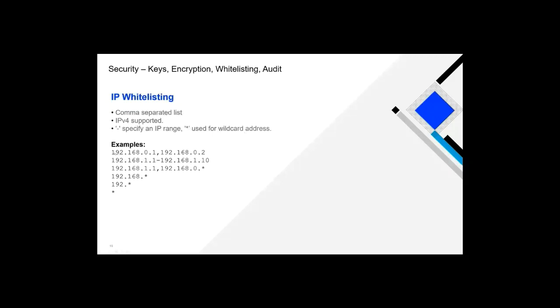So this is some examples. So basically, if we know that I'm gonna send the REST query from a particular machine only, I can specify that machine IP address to be more secure.